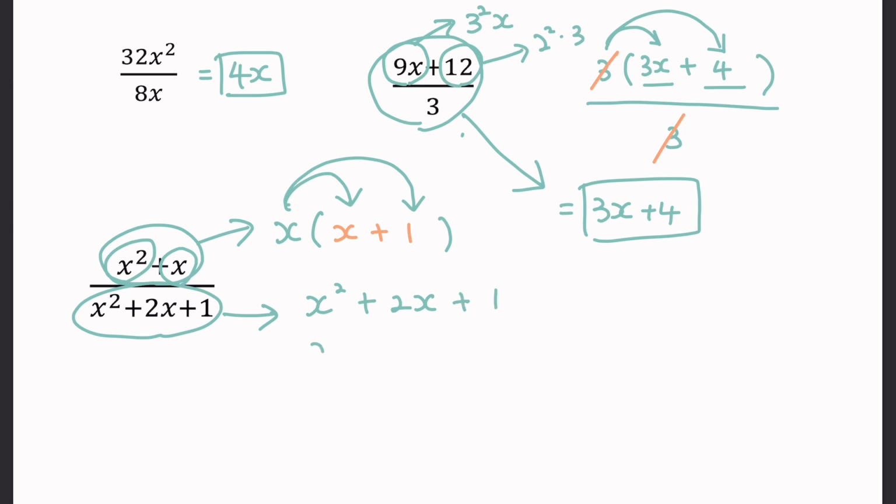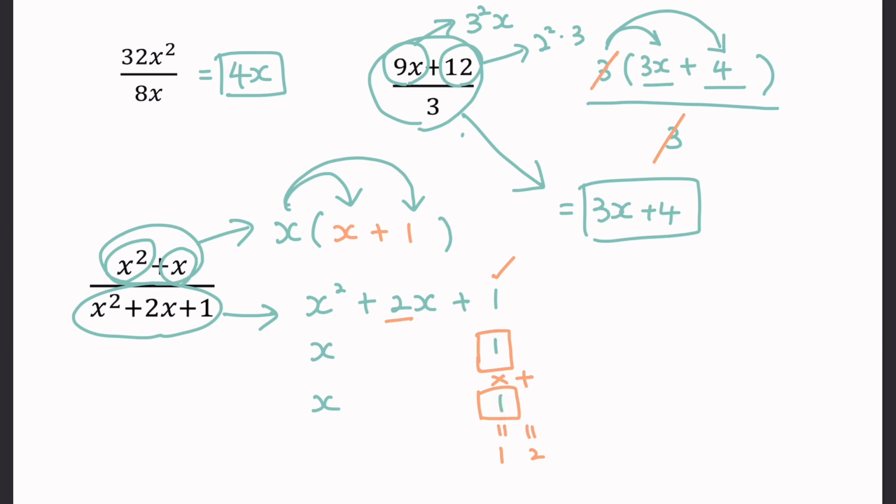What you do is write x squared plus 2x plus 1 and come up with two numbers that when multiplied give me 1, this number, and when added together give me positive 2. What are those numbers? Multiplied gives me 1, added gives me 2. Those are positive 1 and positive 1. 1 times 1 gives me 1. 1 plus 1 gives me 2.